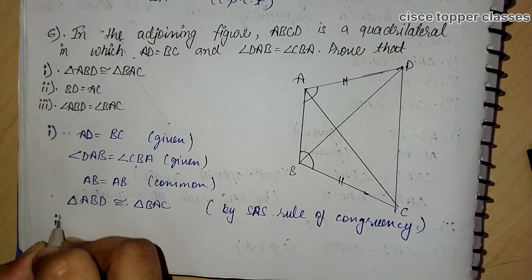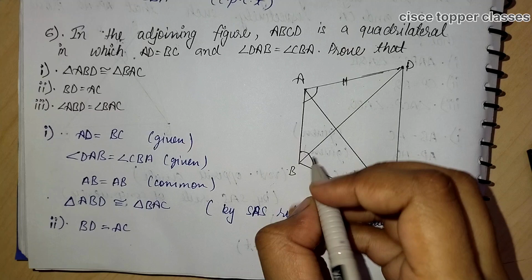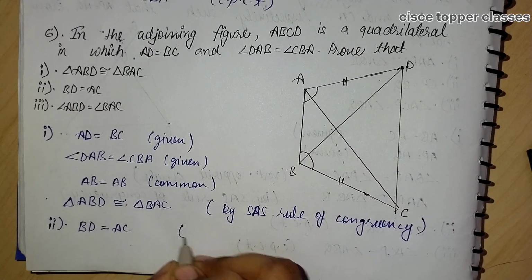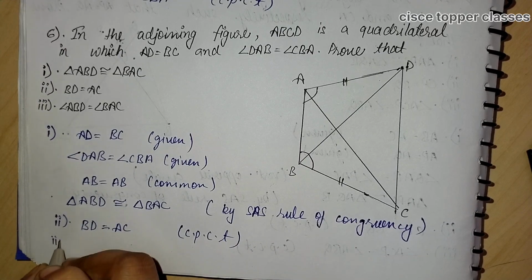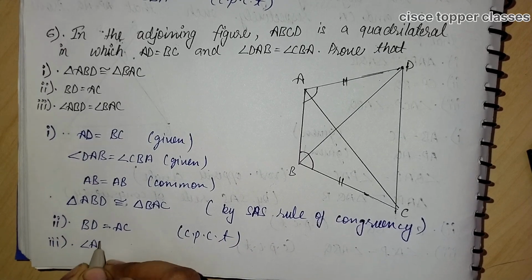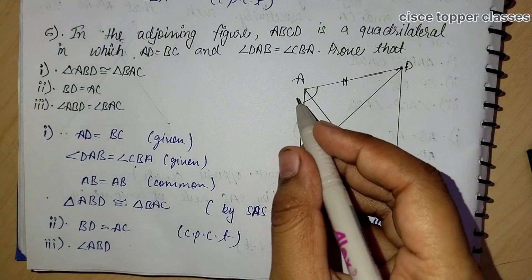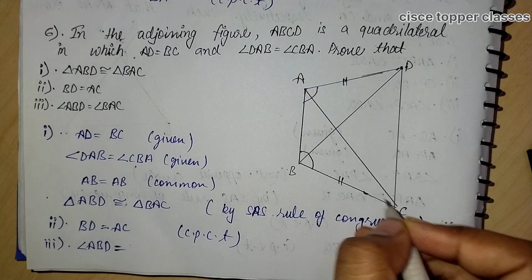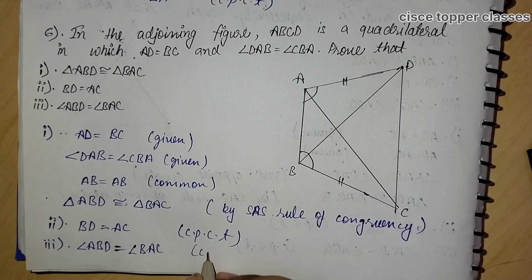Now the second part which we have to prove is BD is equal to AC. From this triangle congruency we can prove it by CPCT. The third part is angle ABD and angle BAC, which are equal from CPCT only.